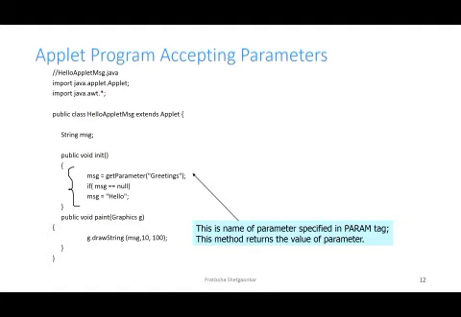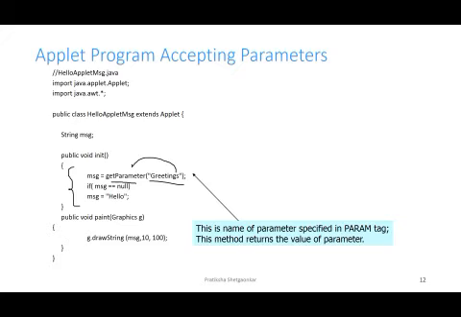This is done because the parameters are passed to the applets when they are loaded. That is why we use the init method. Here you can see that we have the getParameter method which takes as an argument the name attribute defined in the previous slide for the param tag, that is greetings.